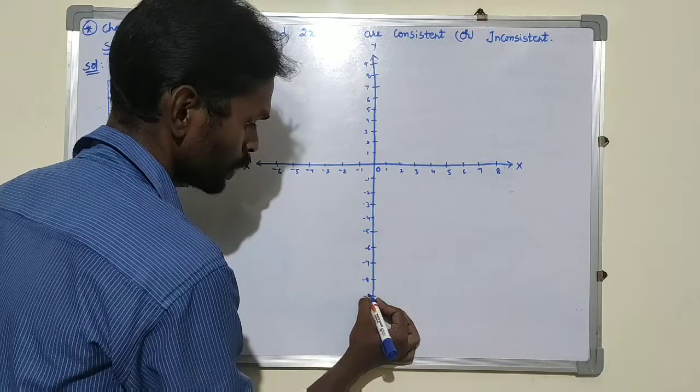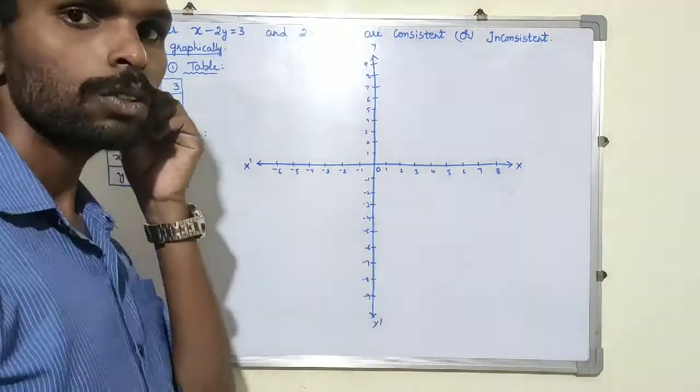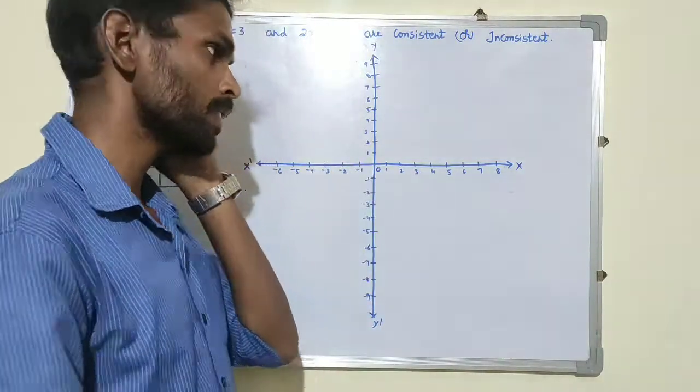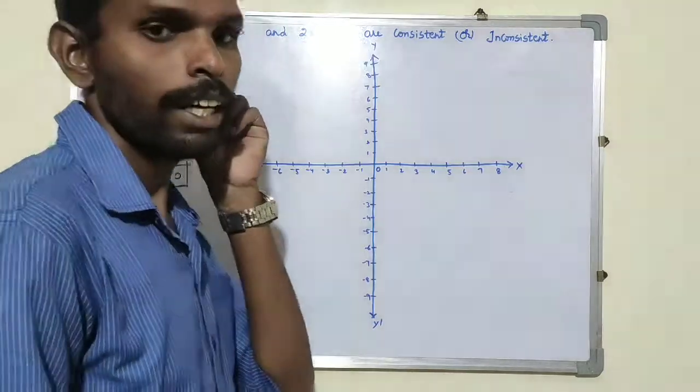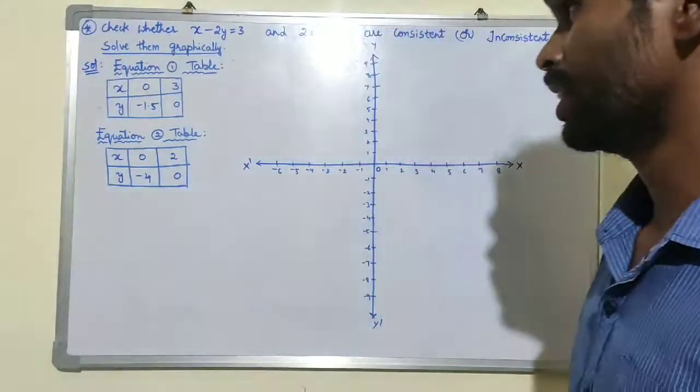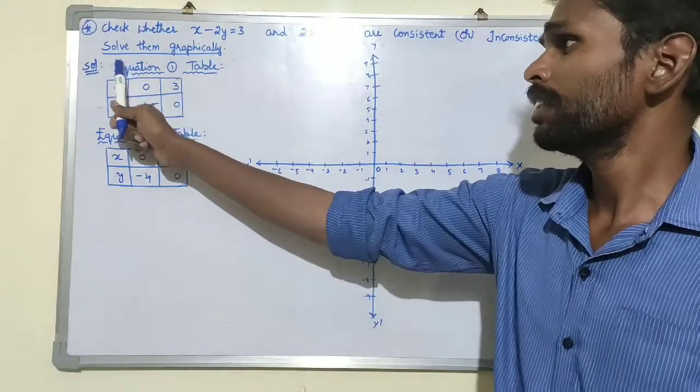If you want, take minus 8. So you need to draw the axes on the graph sheet first. After taking the axes, now see here, you need to draw this graph.